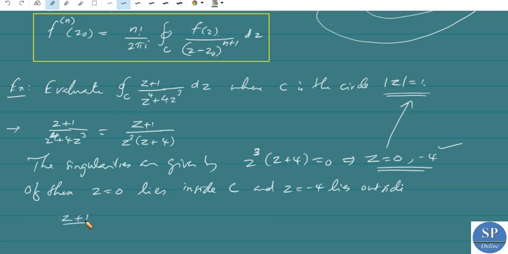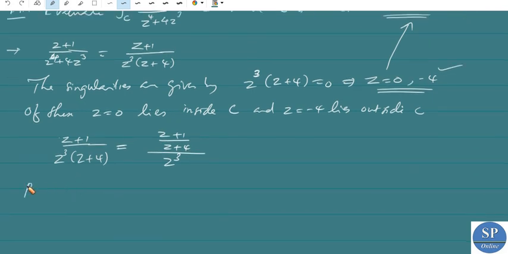So we can write this function as z plus 1 divided by z cube into z plus 4. Here z equal to minus 4 lies outside the circle, so the corresponding factor can be included with f of z. So it is z plus 1 divided by z plus 4, the whole divided by z cube, right? Now put f of z equal to z plus 1 divided by z plus 4.